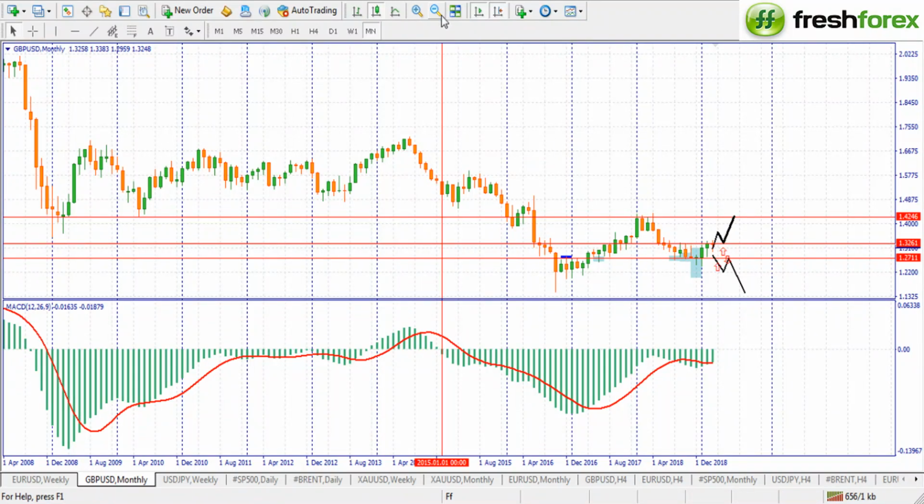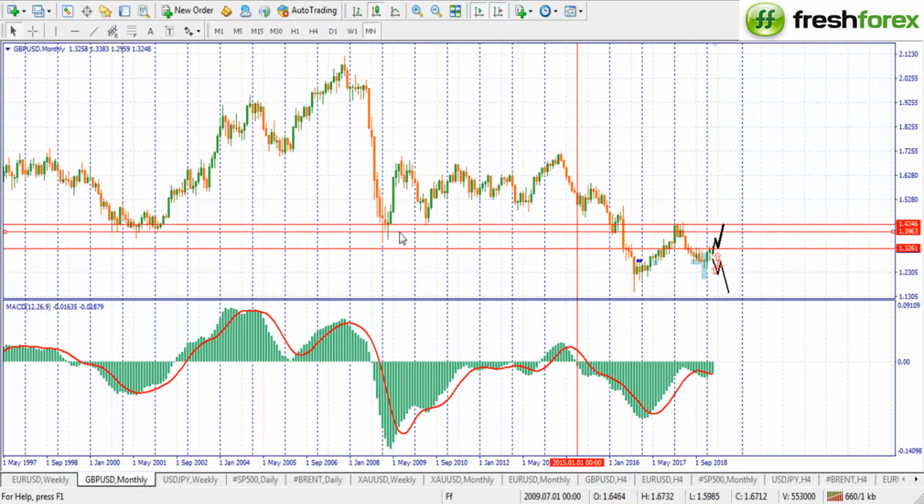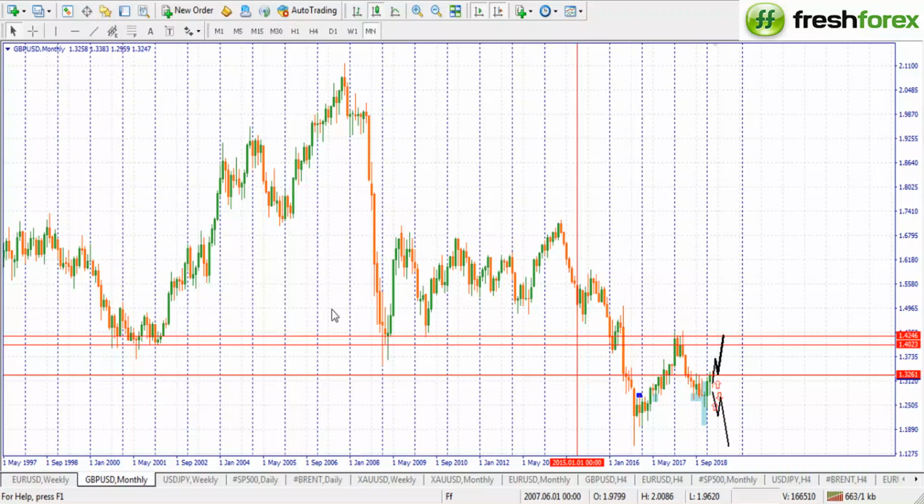So whatever we are seeing now could just be retracement, and as I mentioned previously, that retracement should not go up to this level, should not go above this level here. So overall the trend is downwards, but we are seeing a move upward. The move we're currently seeing is just a retracement.